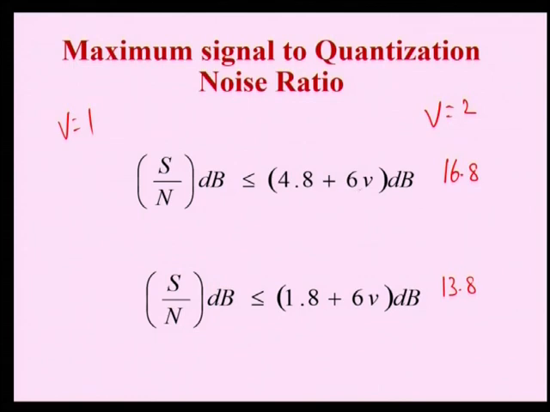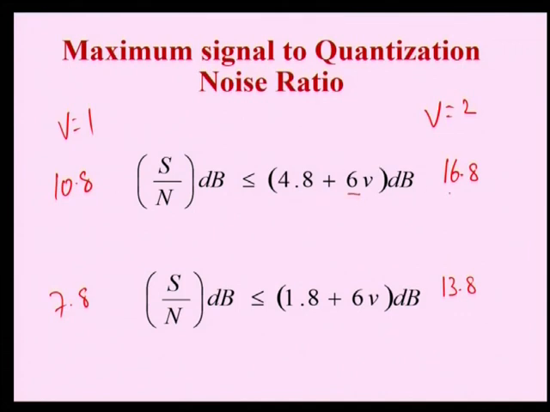And if you increase the number of bits, the signal to noise ratio will increase further. That is, if you want to represent binary data and increase the number of levels, then the signal to noise ratio will also increase. For example, if we consider the first case and second case, if v is 1, here 10.8 and 7.8. For each bit rise, if you increase 1 bit, then the signal to noise ratio will be increased by 6 dB.